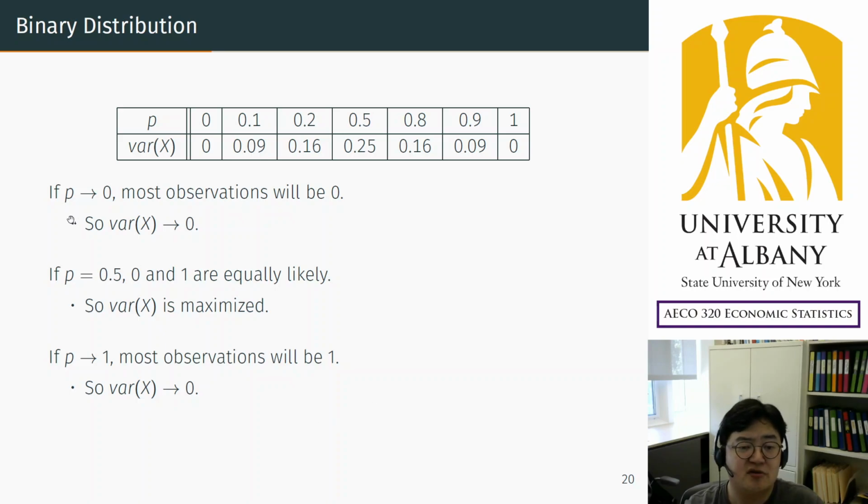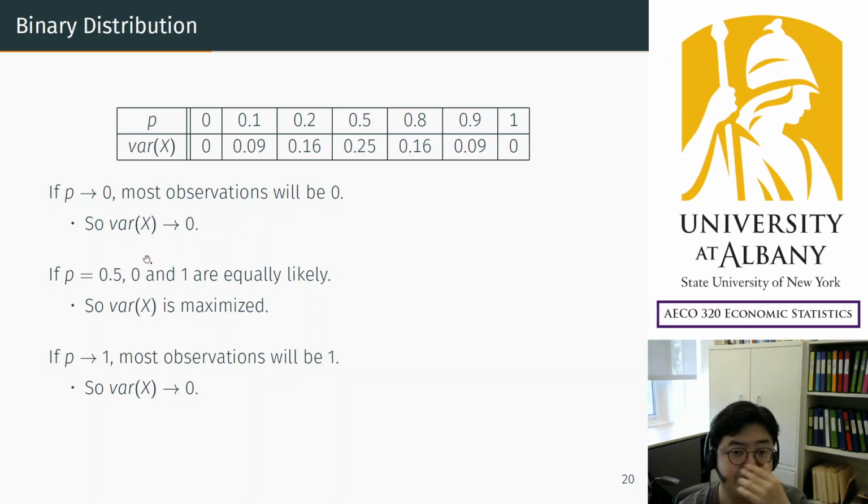Now let's think about the case where p is very close to 0. If the probability of success is close to 0, then actually the outcome is predictable. It is pretty certain. If the probability of success is close to 0, then you know that the outcome is very much likely to be a failure, right? Like you can expect if 99% failure, then the uncertainty is really small. So the variance is also very small.